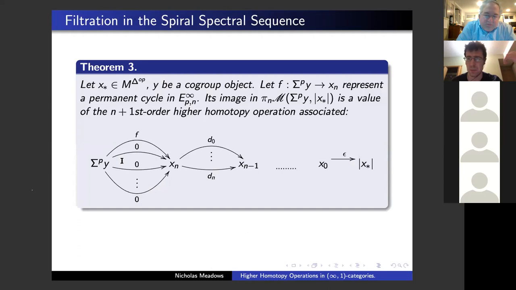So we have this E infinity Pn thing in our spectral sequence, and then we have a map down to the thing that we're interested in computing, which are these higher homotopy groups of spheres. The map down to these higher homotopy groups from the terms in the spectral sequence is actually given as the value of a higher homotopy operation associated to a certain diagram, which I've depicted here.